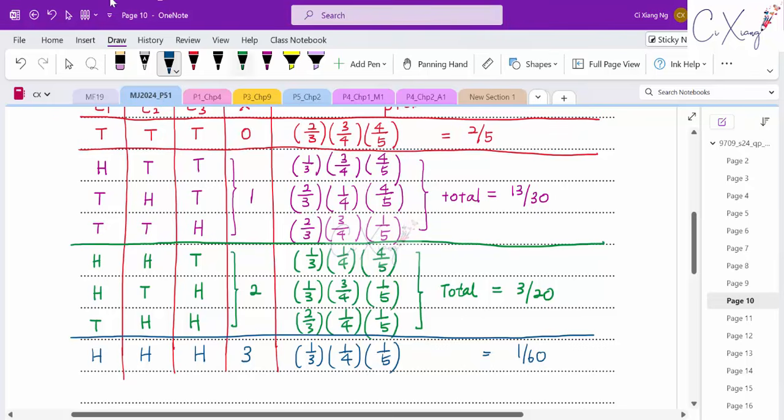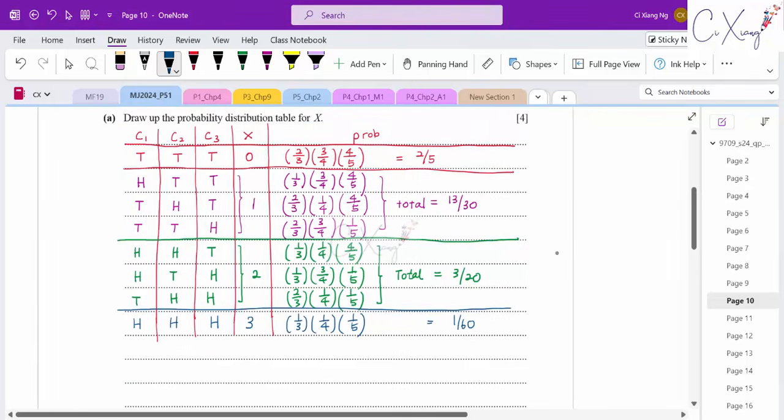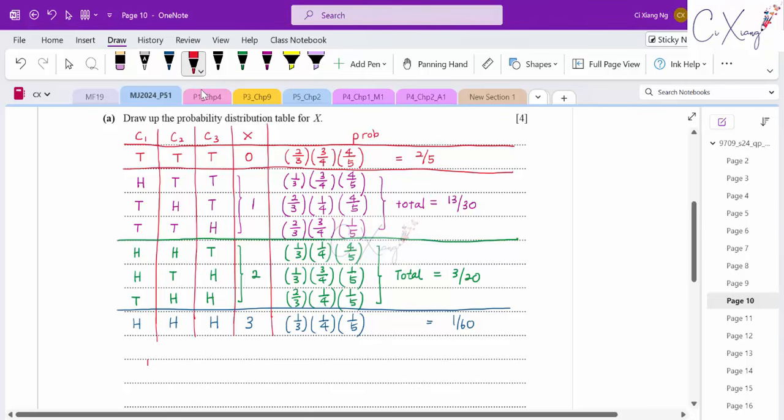After I consider all the cases for the 3 coins, I have to rephrase my answer into a probability distribution table. The probability distribution table will look something like this.